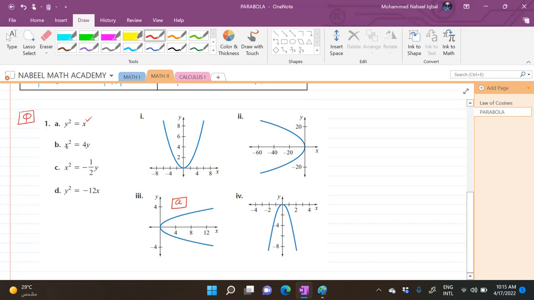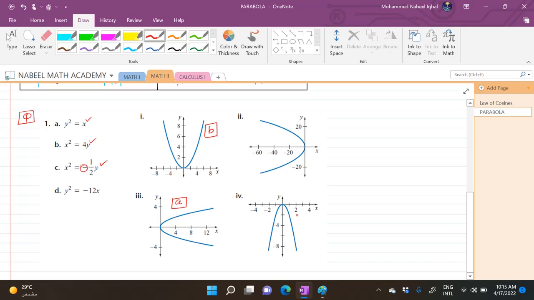Now here x square equals 4y. The parabola opens on the y-axis. Since it is positive, it opens upward. This is B. Similarly here, x square equals minus half y. The parabola opens on the y-axis, but in the negative direction, that is downward.